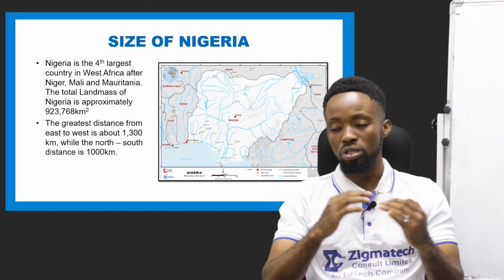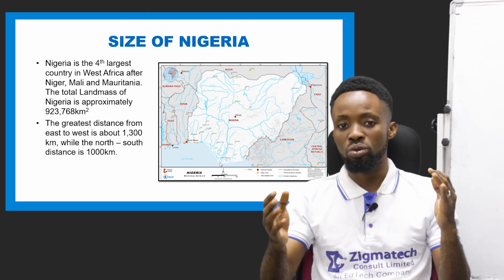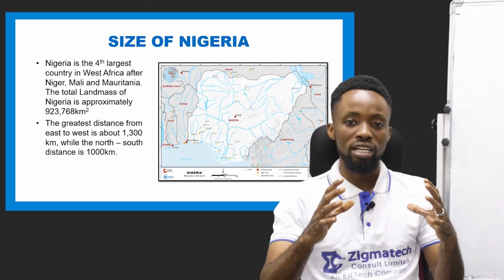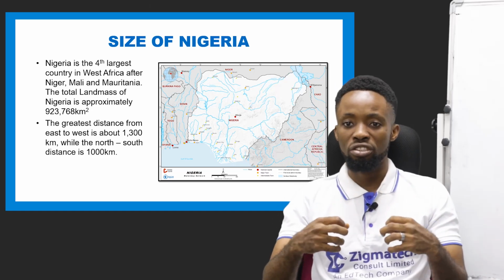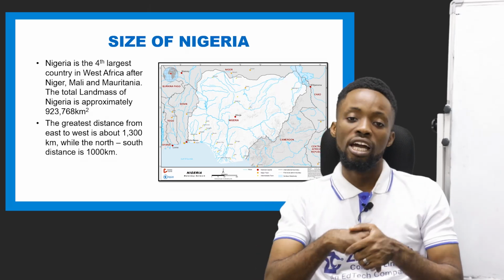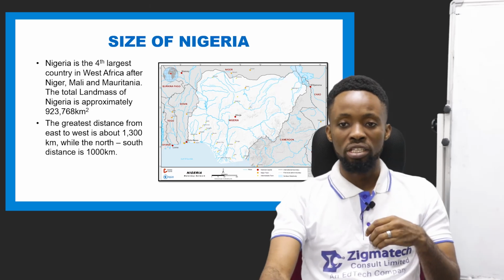So 1,300 kilometers from the east to the west, and about 1,000 kilometers from the north to the south. So that's the size of Nigeria, and it's a country with a population of over 210 million persons living in it.